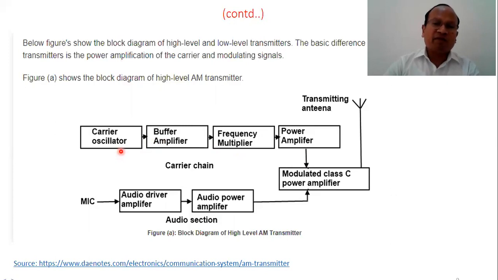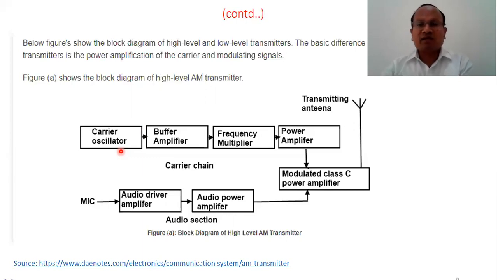We use a buffer amplifier, right? The buffer amplifier provides isolation between the frequency multiplier and the carrier oscillator, because whatever value of carrier frequency we need can be generated by the frequency multiplier. Say the carrier oscillator is 1 megahertz, but we want 15 kilohertz, 17 kilohertz, or 100 kilohertz.